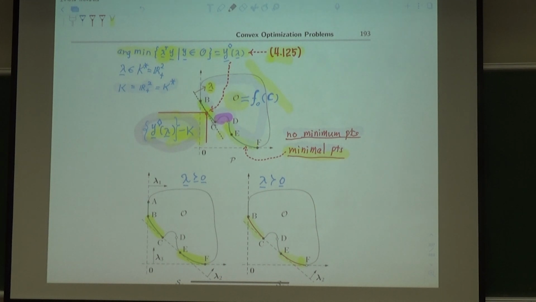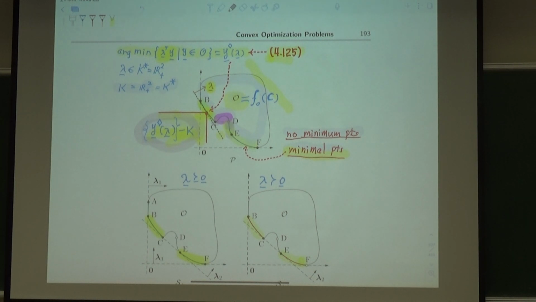And also this part, you don't need to obtain them. They are not minimal points. But here are, yes, minimal points.